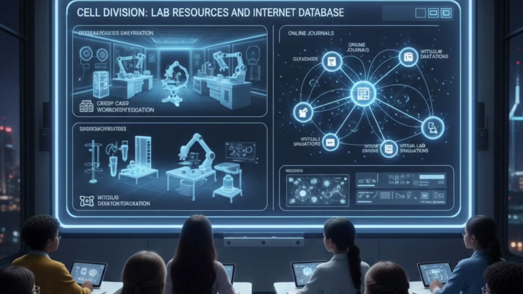So there are many resources available on the internet, and especially there are simulation labs for biology showing these concepts of cell division. Similarly, the functioning of the heart, the brain and other human functions can easily be shown in a digital lab or in a simulation.